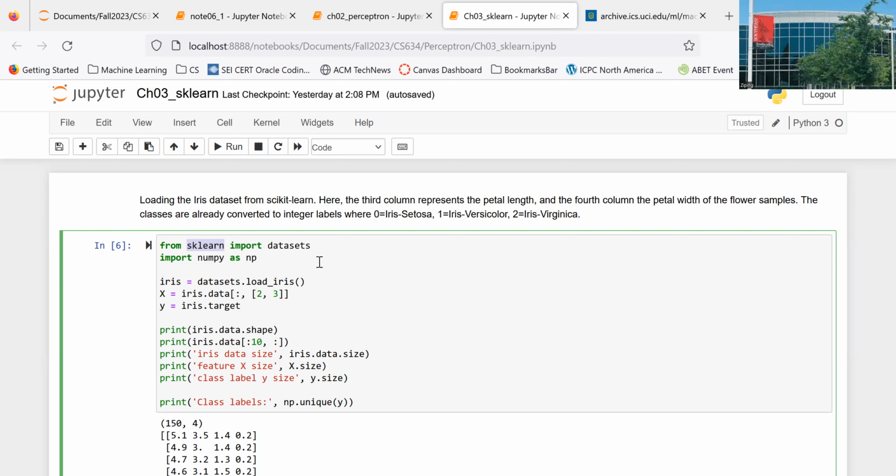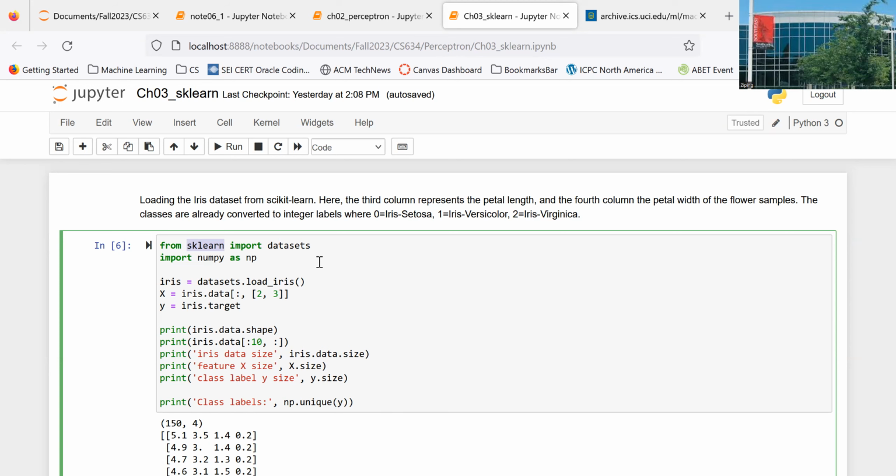And we're going to take all rows. We're not going to consider all 150 samples.